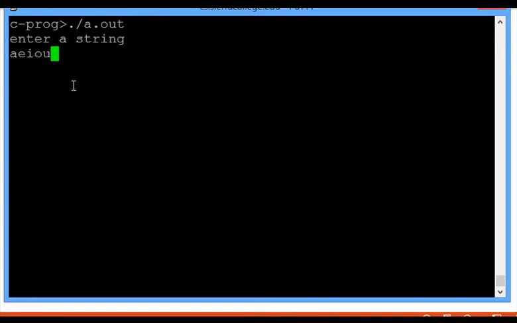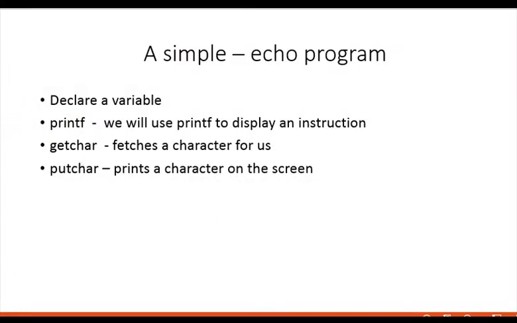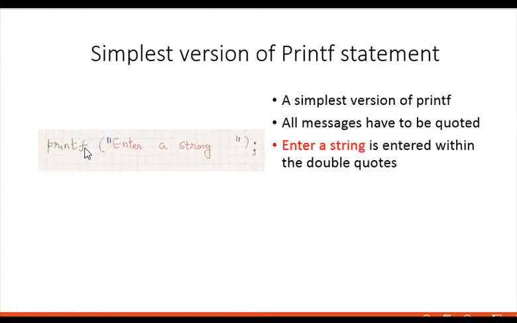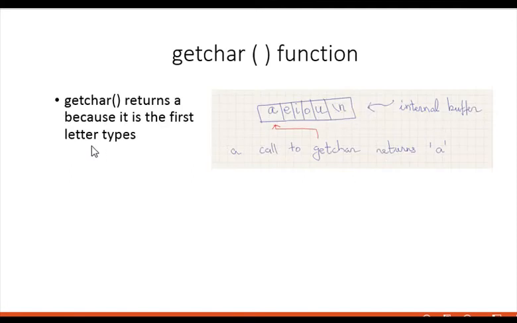As soon as you hit the enter key, the getchar function that we call goes to the internal buffer where the letters we typed are stored and fetches the first letter for us.